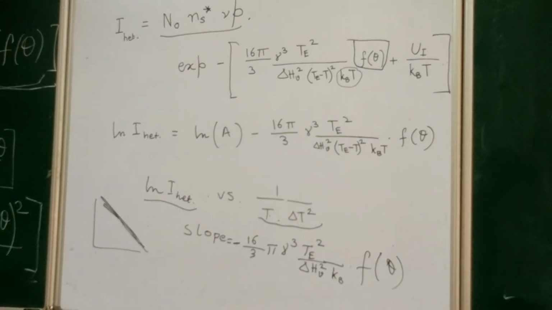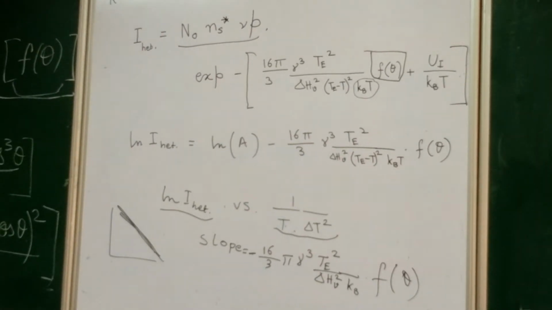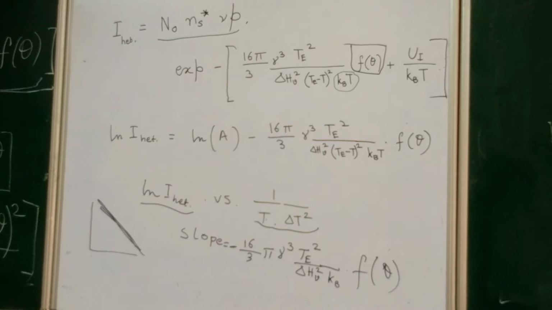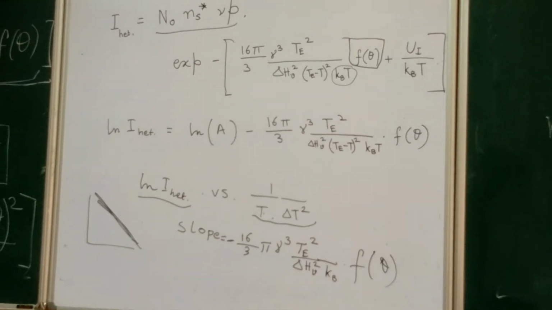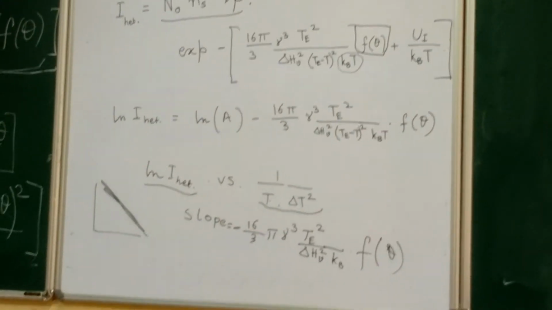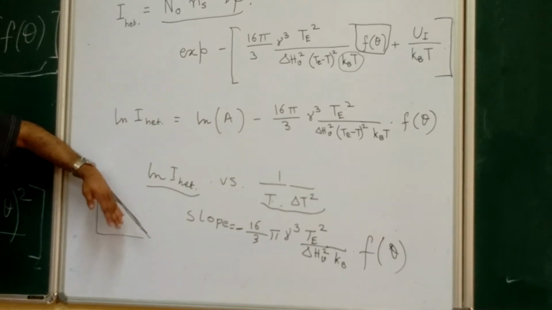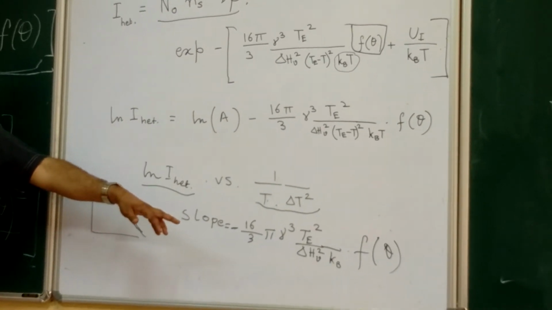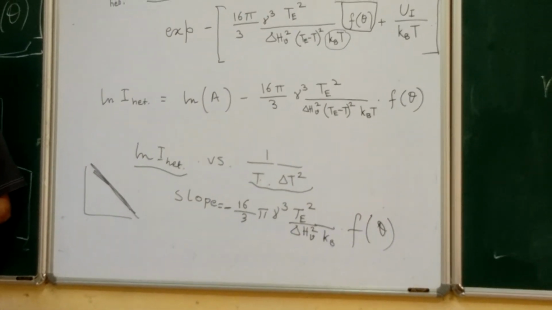In Turnbull's experiment, he put different films on the liquid droplets, which acted as different particles whose theta values are different. So he got different slopes of these lines. From that he could find out F theta and the corresponding theta.